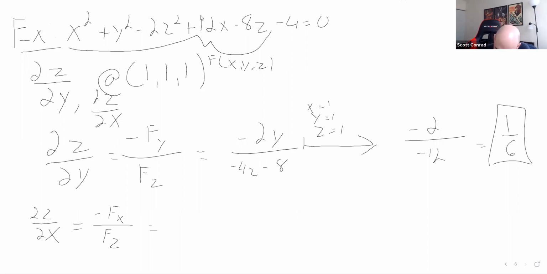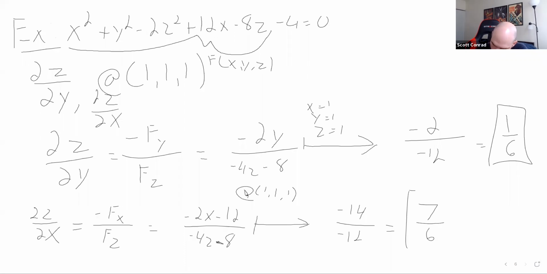So negative 2x minus 12. And then we already did f sub z. That's negative 4z minus 8. And when we plug in x equals 1, y equals 1, z equals 1, we get negative 14 over negative 12, which is 7 over 6.